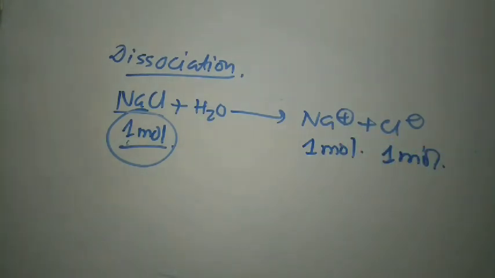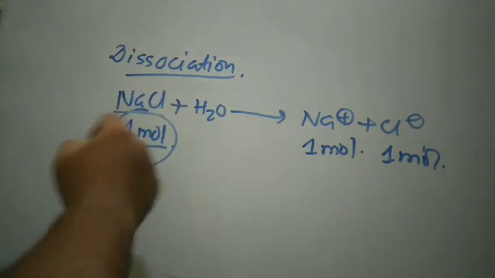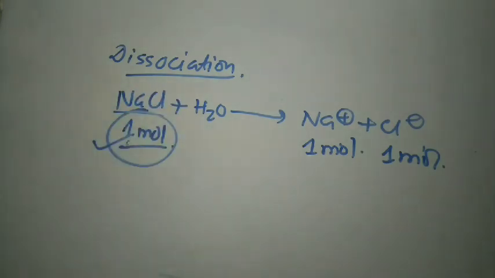So if you are calculating with 1 mole, then you are wrong, because 1 mole of NaCl after being added to water becomes 1 mole of Na plus and 1 mole of Cl minus separately. So you have added 1 mole, you got 2 moles. That's why there is a difference between experimental value and theoretical value.